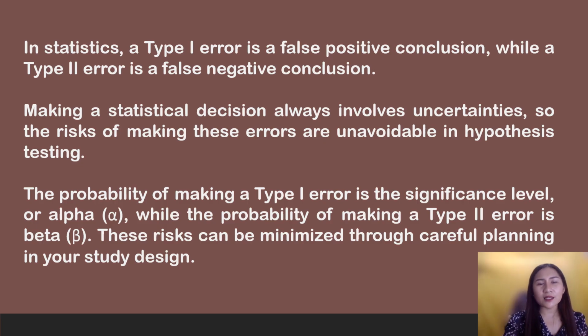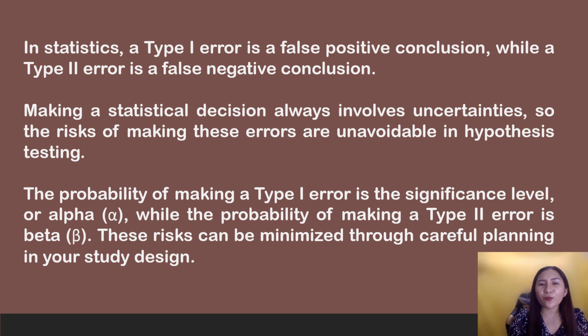In statistics, a type 1 error is a false positive conclusion, while a type 2 error is a false negative conclusion. I hope that I made myself clear. Making a statistical decision always involves uncertainties, even in our real lives. So the risk of making these errors is unavoidable in hypothesis testing.